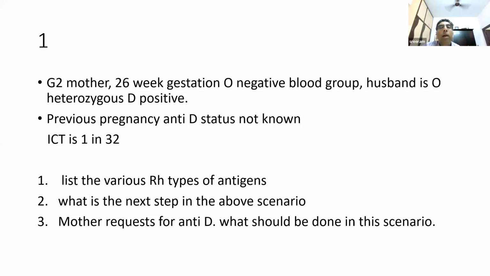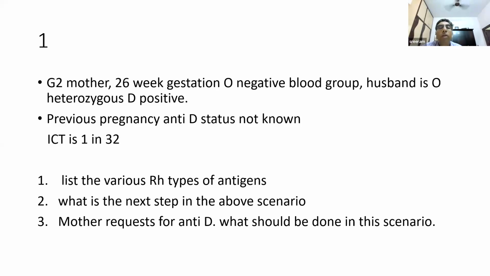Okay. So what is the next step in the above scenario? What is that we have to do? Once ICT is positive, how do you monitor the pregnancy? Serial monitoring of what is done? Very good.